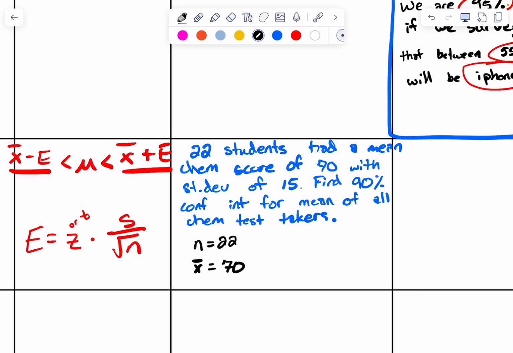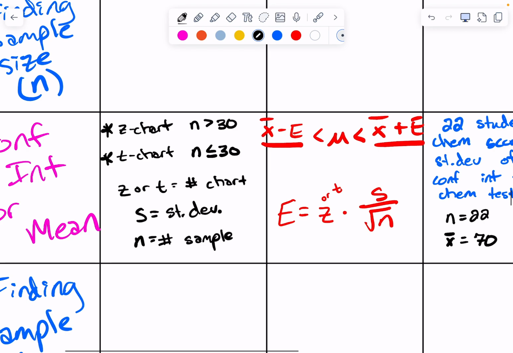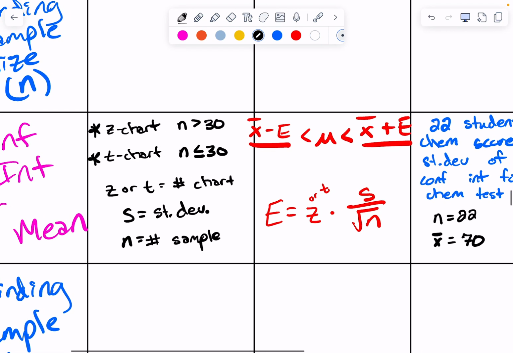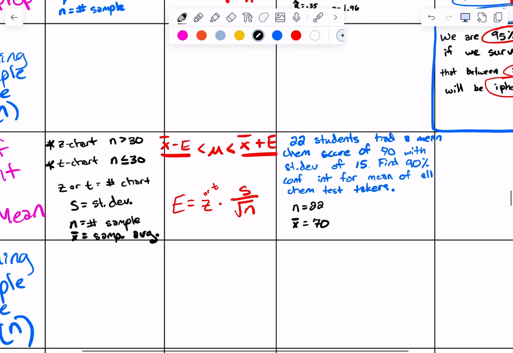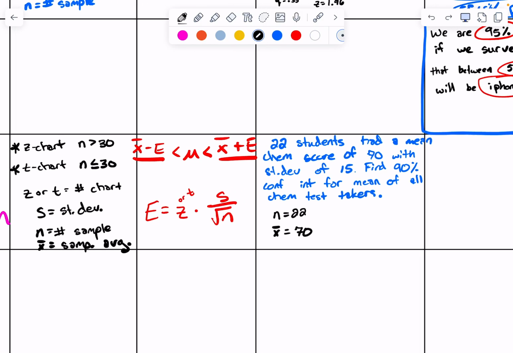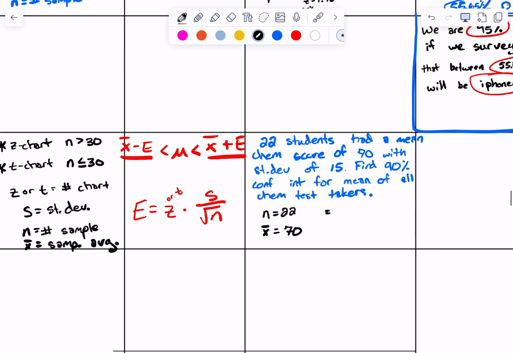The average of the sample is X bar. Sample average, X bar. I forgot about him because you don't use him in your error. Okay, standard deviation of 15, so that is S. And then we need to decide whether we're using Z or T.